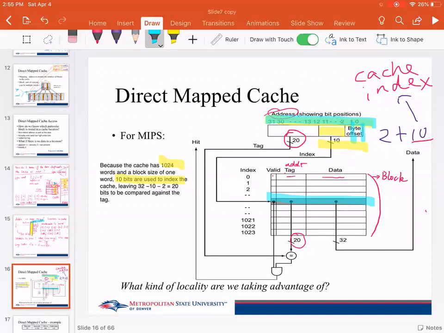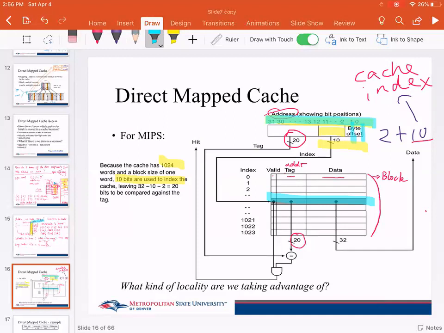If it is a 0, that means this row is empty, so I do not need to check the address. If the valid bit is 1, then I want to read that piece of data, but I actually do not know if that data is stored in the cache or not.